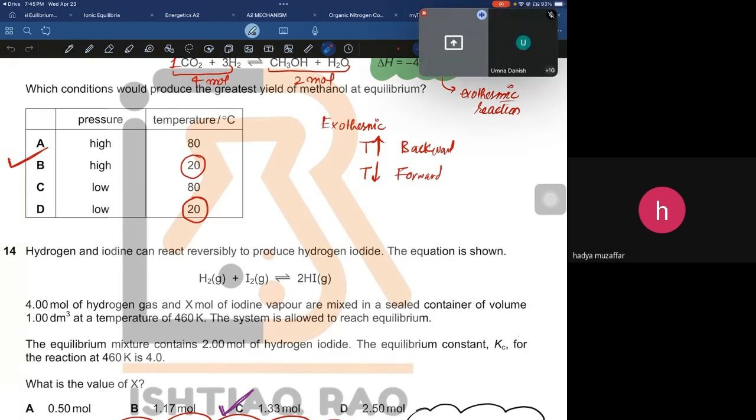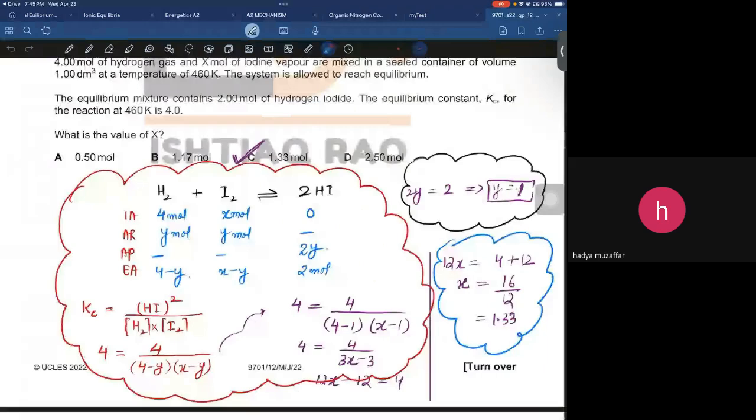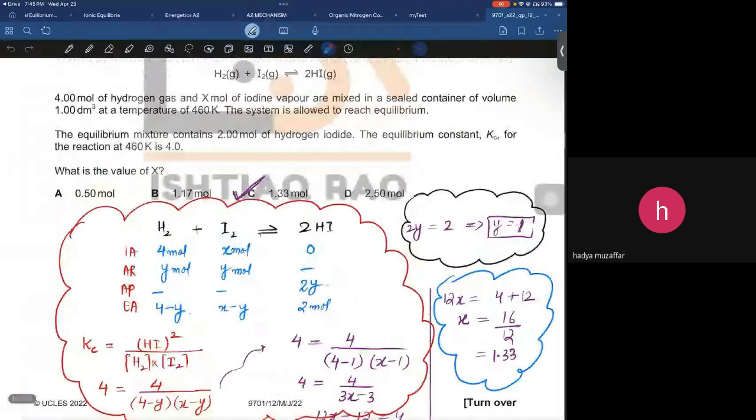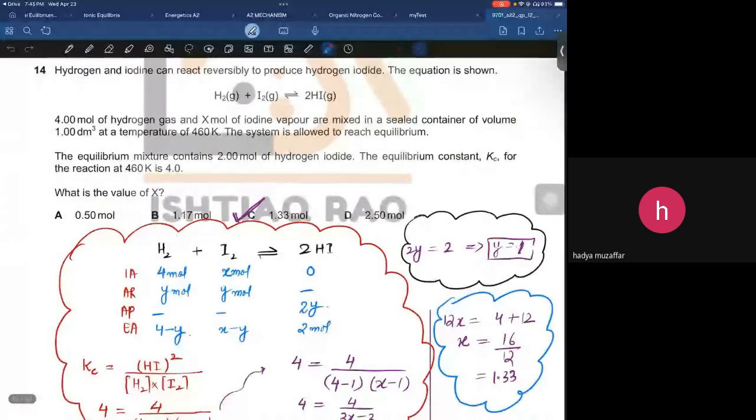Okay, I'm telling you this: we have multiple methods to do this question. They have given the moles of hydrogen gas and X moles of iodine vapor, which are mixed in a sealed container of volume 1 dm cube at temperature 460 Kelvin.